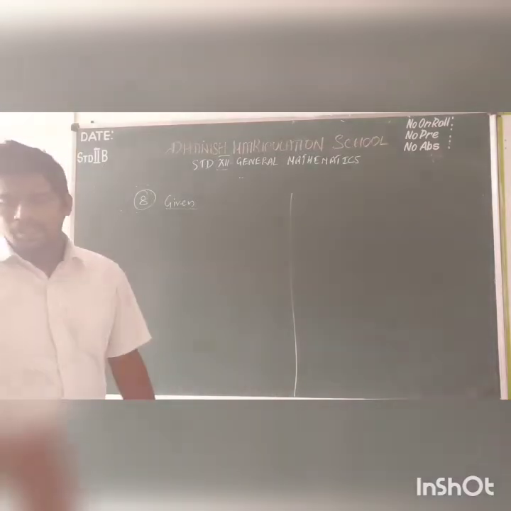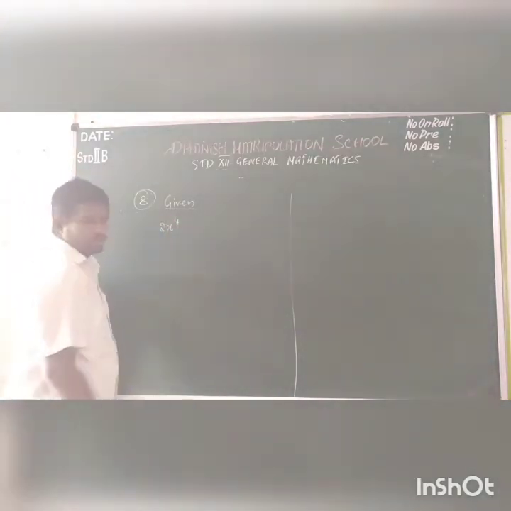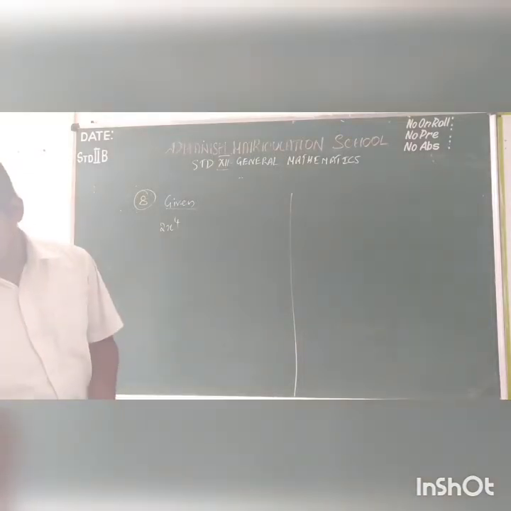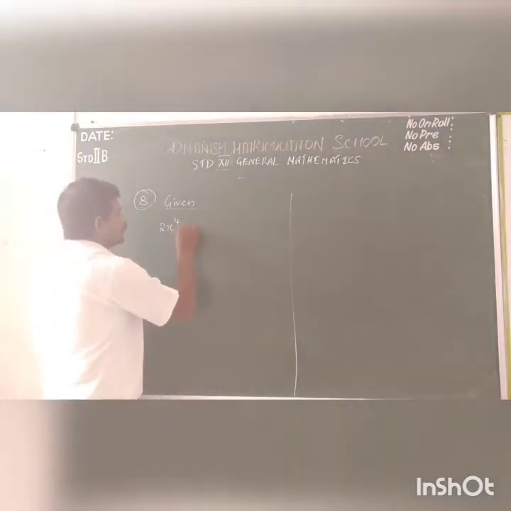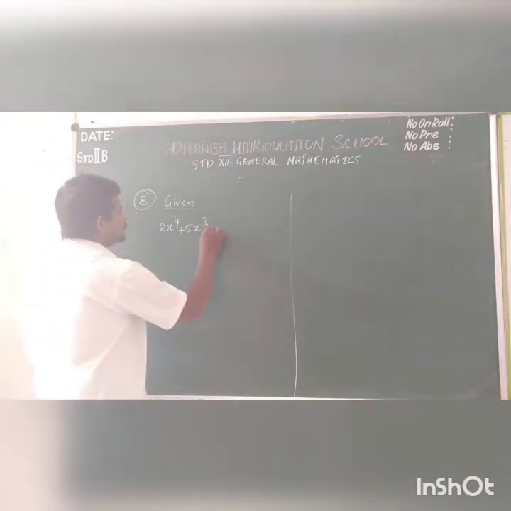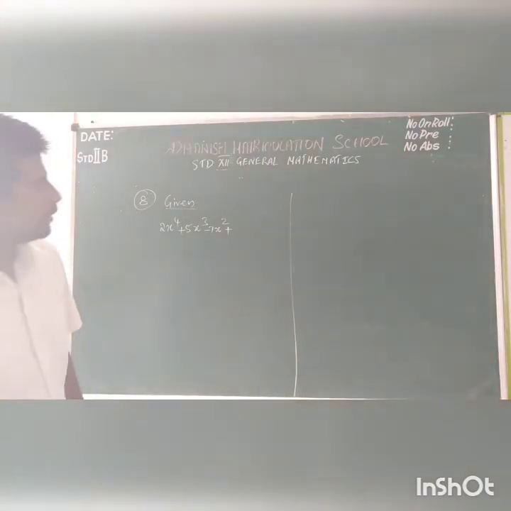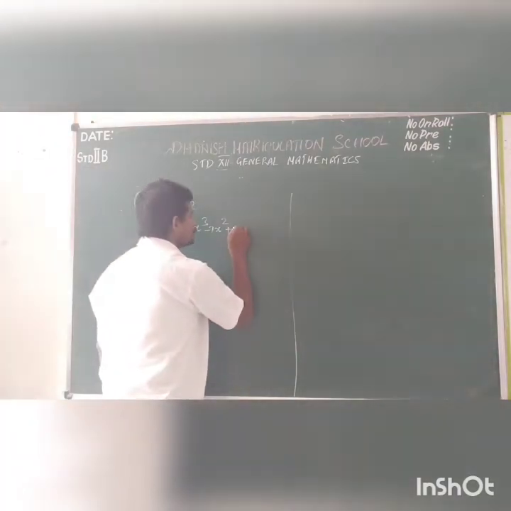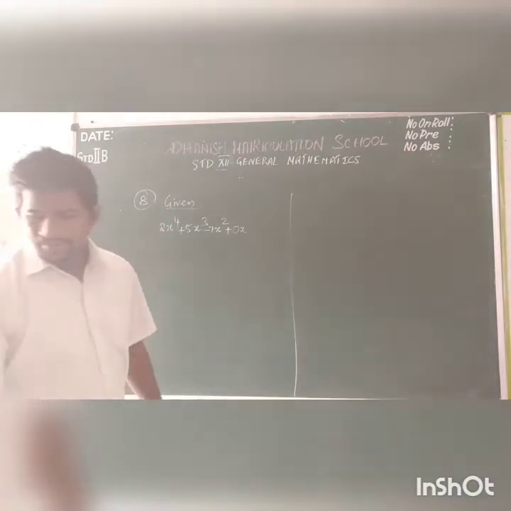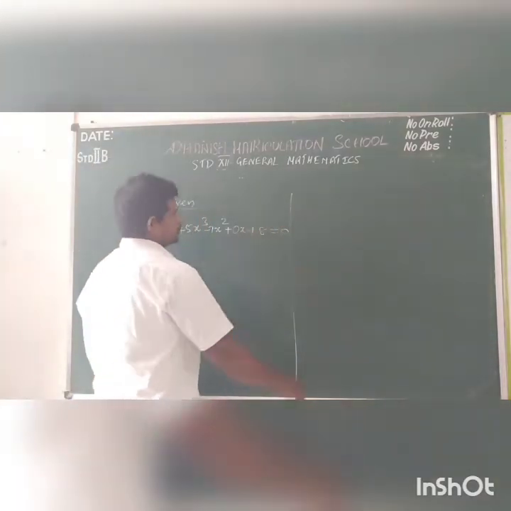First we can write the given equation: 2x power 4 plus 5x cube minus 7x square plus 8. Here we don't have any x term, so I am going to put 0x, and then we can write the constant 8 equal to 0.